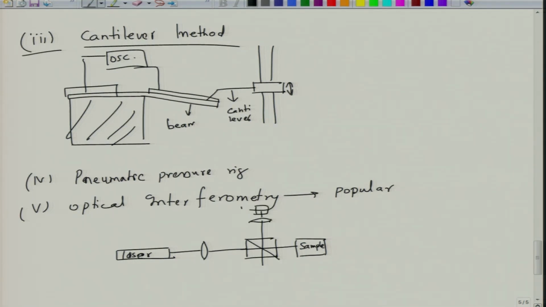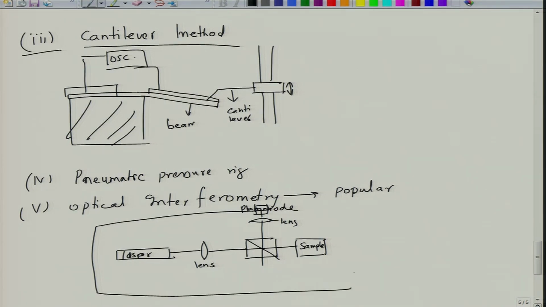Here we have a photodiode, this is a lens, this is also a lens, and this photodiode is connected to a feedback system. Then the laser through a beam splitter is connected to a reference mirror, and here we have a transducer.